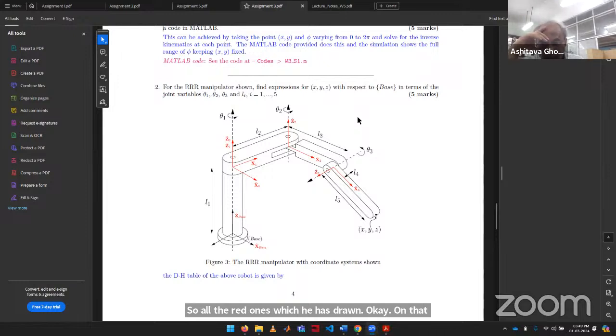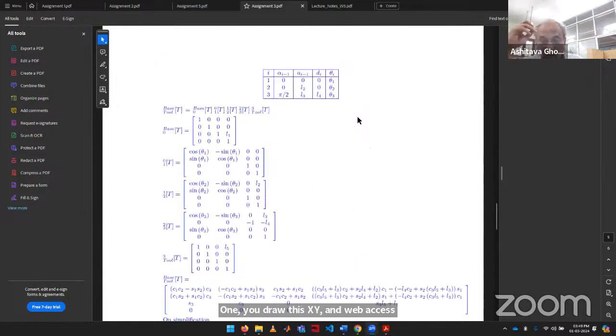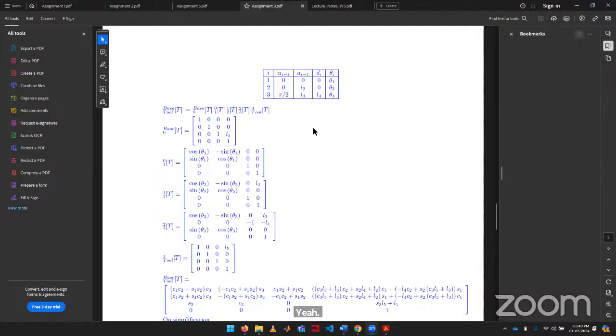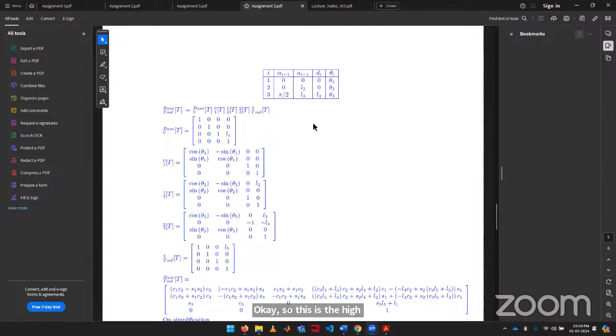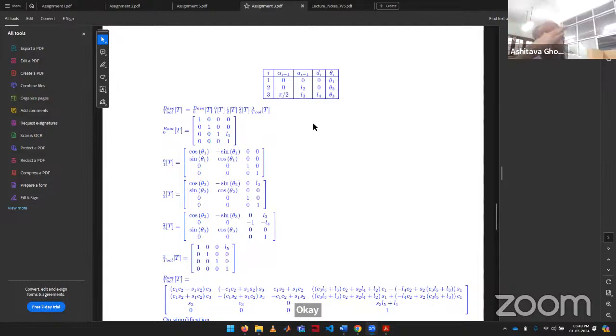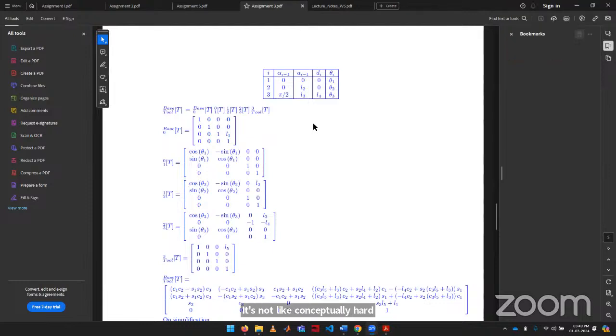Once you draw the x, y and z axes, x1, x2, x3, z1, z2, z3, at least once in your robotics course you should know what the DH parameters are. This is a hard question, but not conceptually hard. It will take maybe half an hour to do this problem.